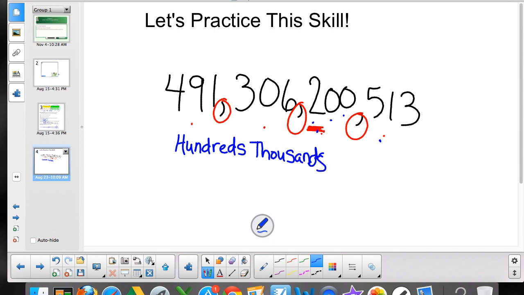Don't let big numbers intimidate you. Then when we talk about the value, the 2 is valued at 200,000. So the 2's value is 200,000.